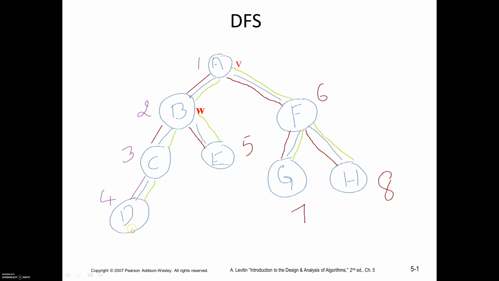There are no more vertices to be visited. So now backtrack to C, then B, then visit E, again backtrack to A, then visit F, then G, then finally H. The numbers I have written here indicate the order in which the vertices are visited. That is A, B, C, D, then E, then F, G, H.